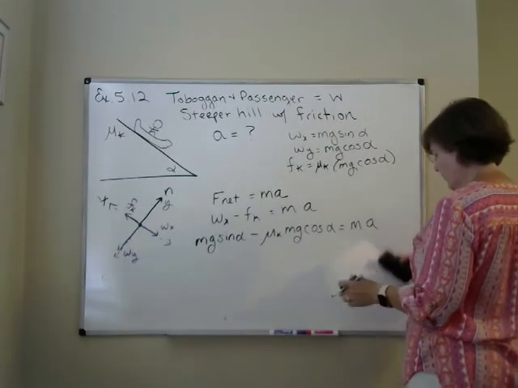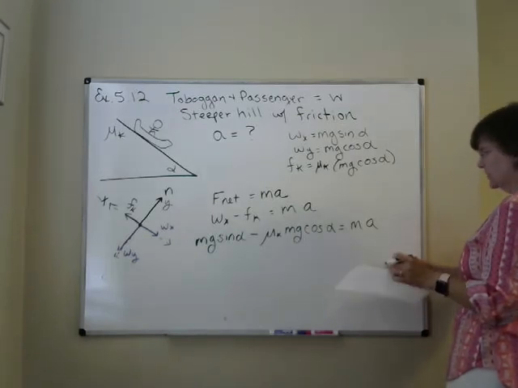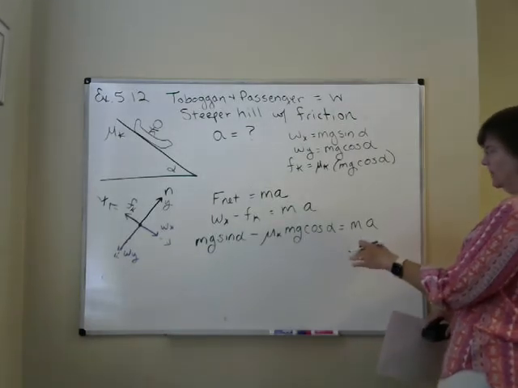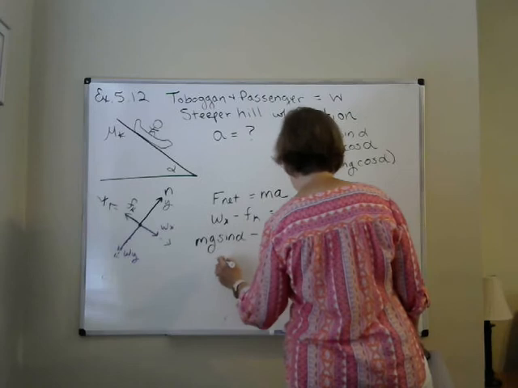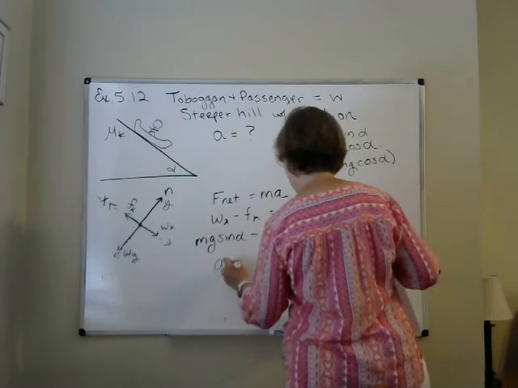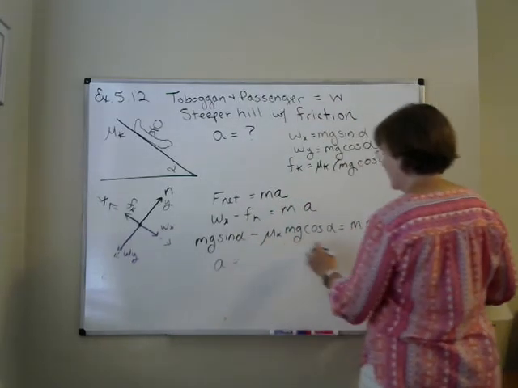To solve this for the acceleration, the only thing that I have to do is divide by m. But I think I'm going to go ahead and factor out the g.